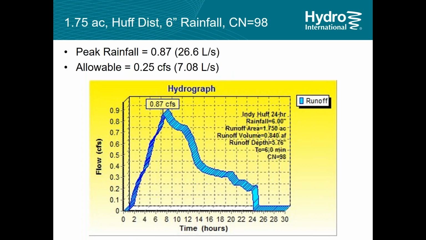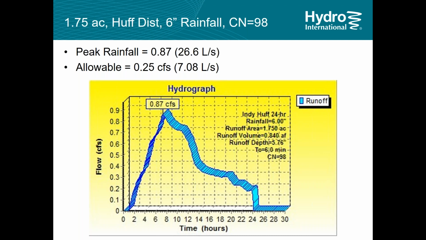So let's say we model a site and just assume an underground tank, a cubic sort of tank, 1.75 acres using Huff distribution. That's a broader distribution than the type 2 distribution that we see in most of the Midwest. The Huff distribution is one more applicable to the central Midwest area.